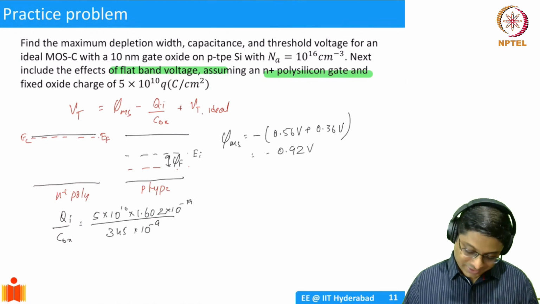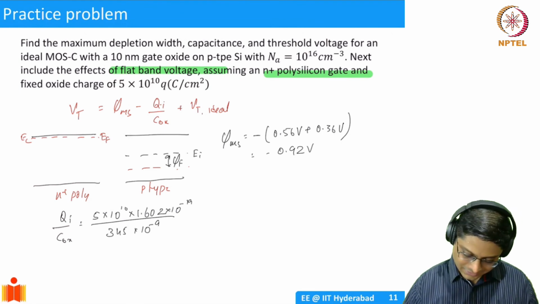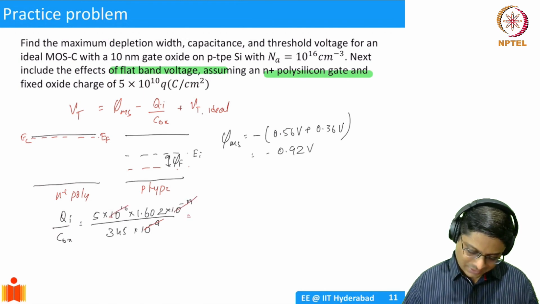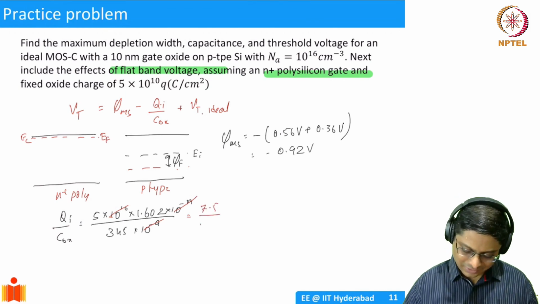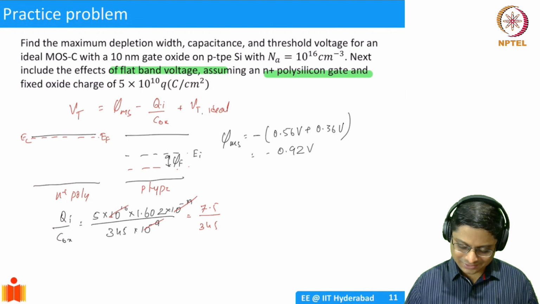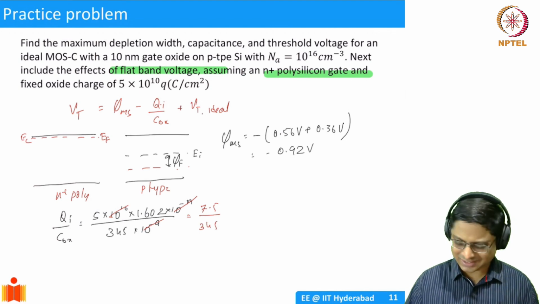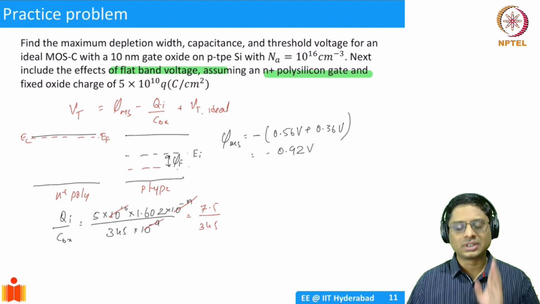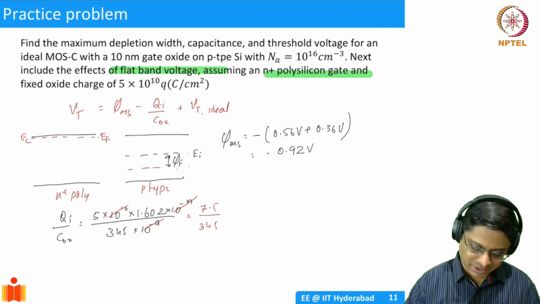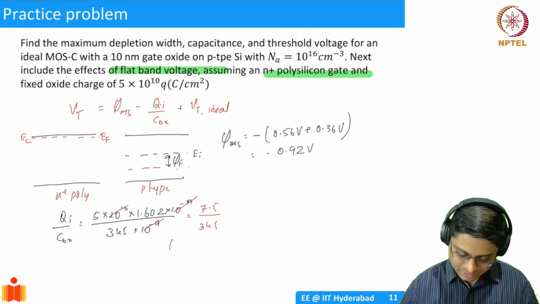Oh, this is fantastic. I think it is fantastic because this is cancelling out. All this is cancelling out. So what you have is, I'll take 5 into 1.5, that will make it 7.5 divided by 345. Very, very small number, right? I don't know, 1 by 50, something like that. Okay. So it's a small number. So this is going to be negligible.